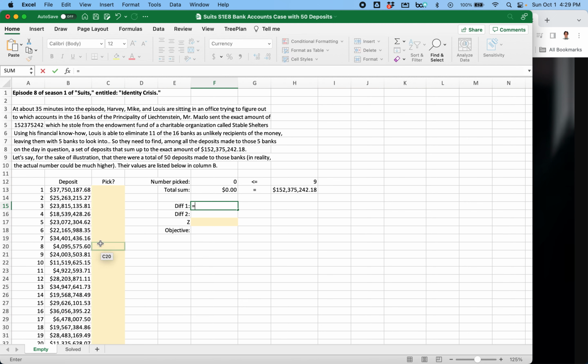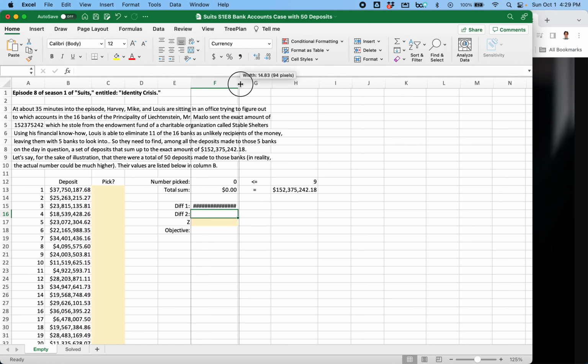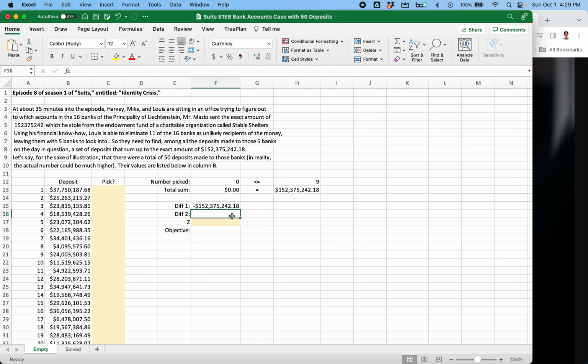As the search is proceeding, this number could be approaching the final number from below or from above, right? So let me compute 2 differences. One of them is this number minus that number. And the other difference is going to be the opposite. It's going to be the second number minus the first number.